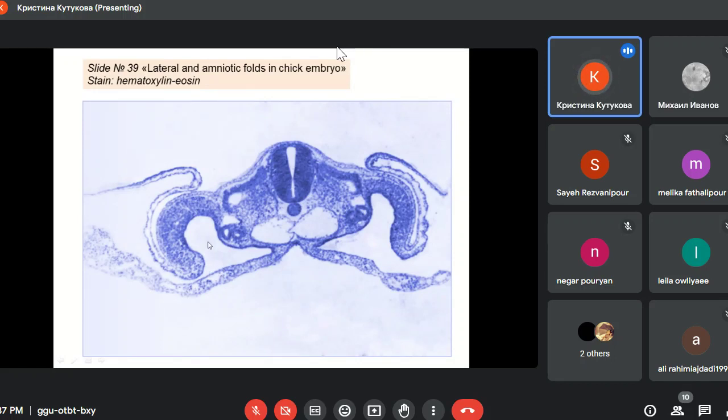This area will be the body cavity, for example the abdominal cavity inside which the intestine is located. The intestine itself will develop from this area. As a result of fusion of these lateral folds, this area will be closed. So this will be the wall of the intestine. Here the embryonic endoderm will give the innermost layer of the intestine.